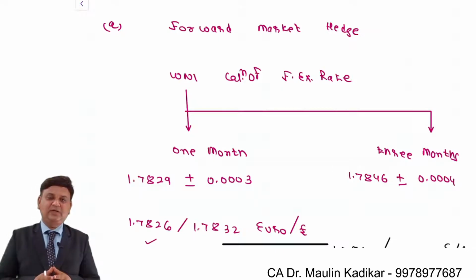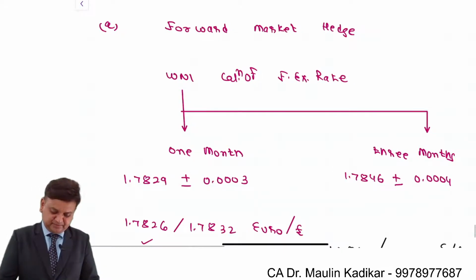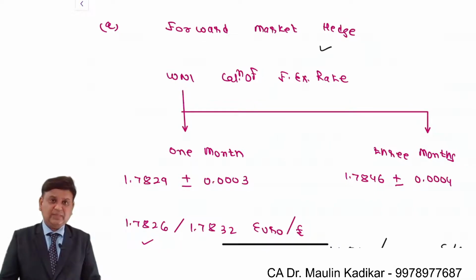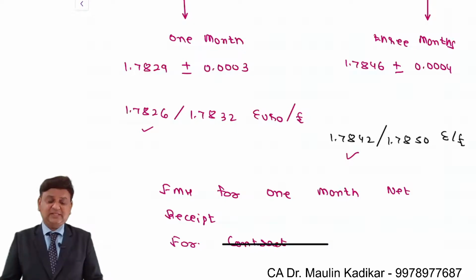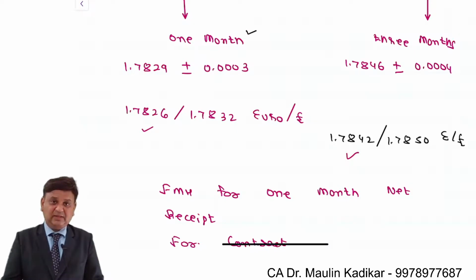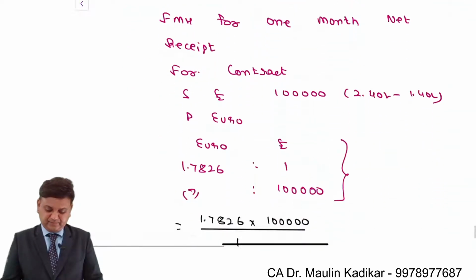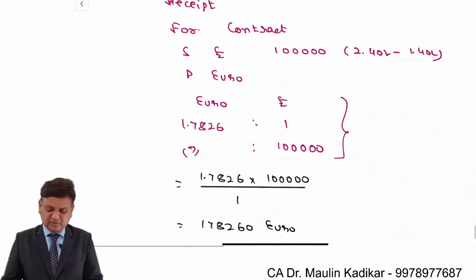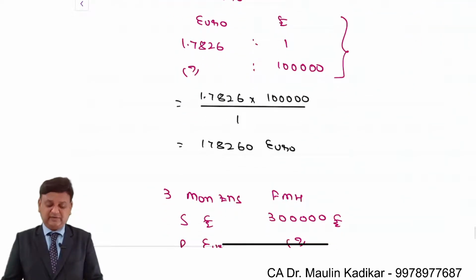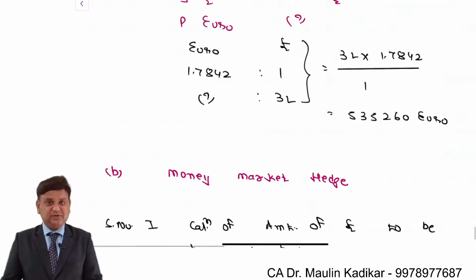So let us have a small revision of the entire answer. First of all, the forward market hedge. In case of forward market hedge, we compute the forward exchange rate for a time period of 1 month and for a time period of 3 months. Afterwards, in case of the forward market hedge, what you are going to receive is calculated for 1 month as well as for 3 months.